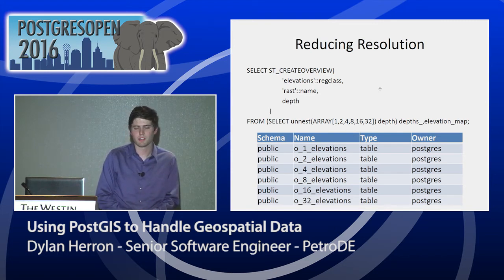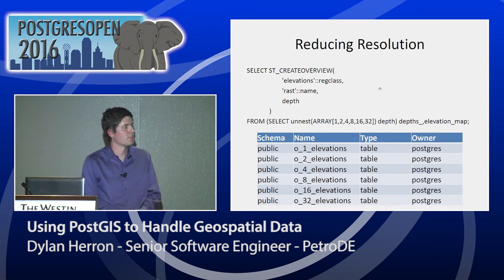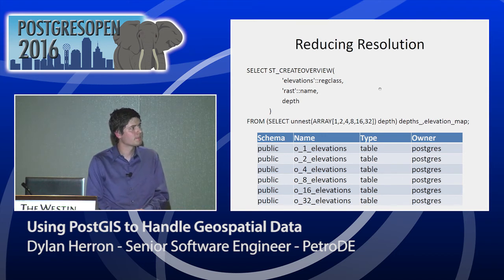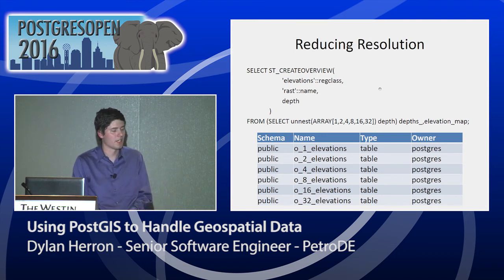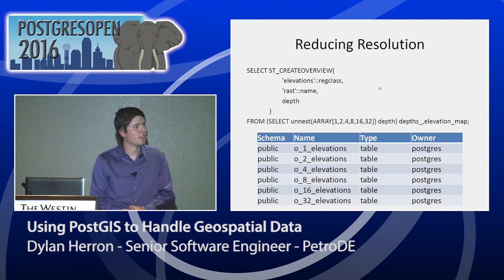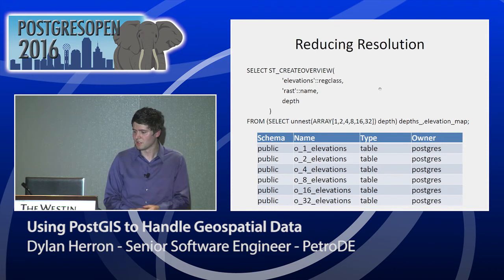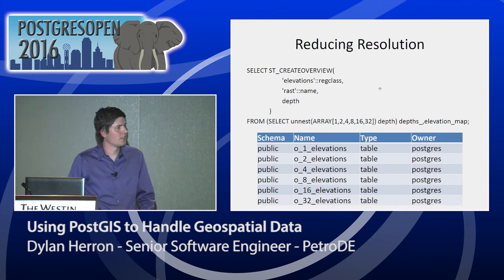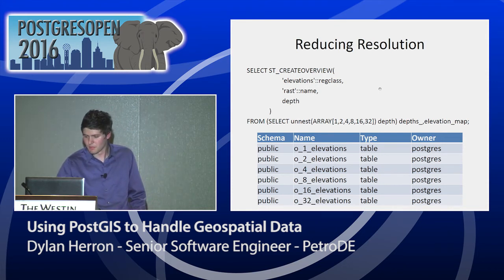Instead of applying this to a single row, it's going to apply this to an entire column and create those tables for you. So you pass in a table, which is the first parameter, and a column, which is the second parameter, and it will generate the overview tables as shown here. So it makes things a lot easier when you're working with different resolutions.